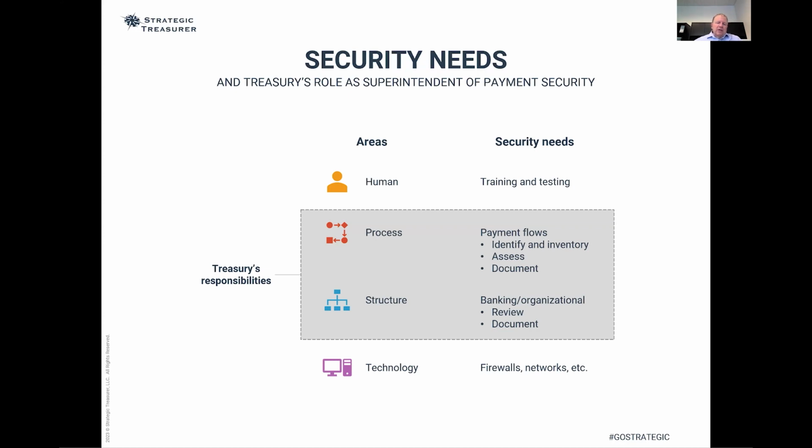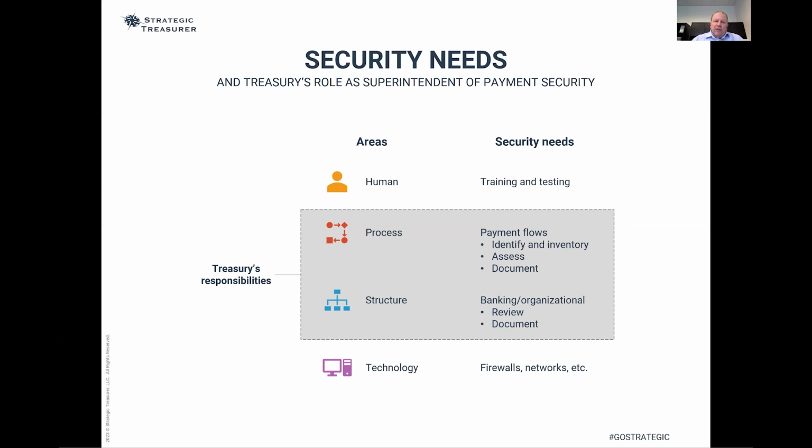So, we think about the security needs. The subtitle here is Treasury's role as superintendent of payment security. We believe and make the argument that Treasury is the superintendent of payments, and by default, the superintendent of payment security, necessarily, because they're the superintendent of the broader category.